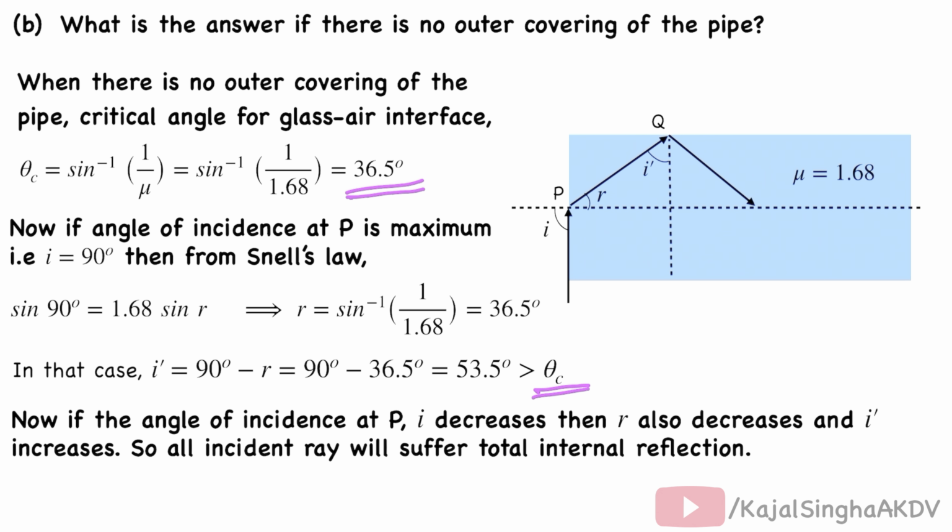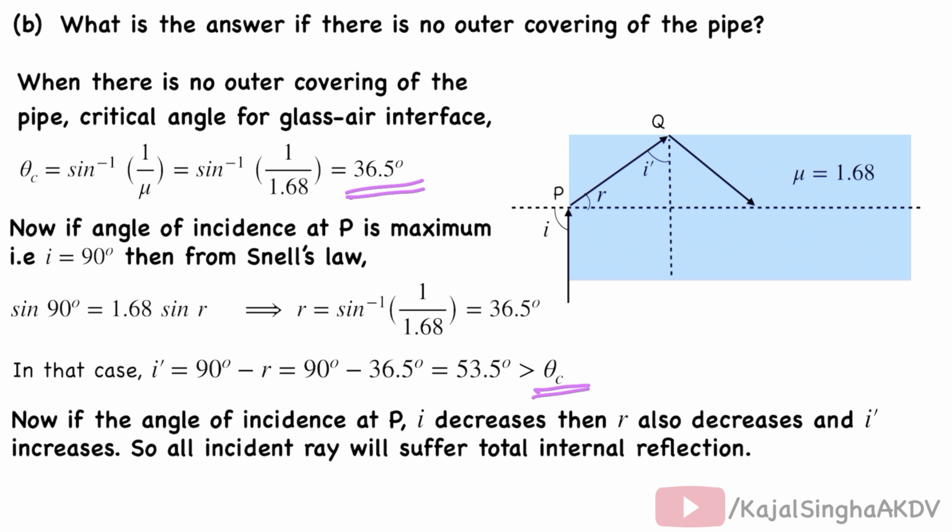Now, if the angle of incidence at P, i, decreases, then r also decreases and i dash increases. We have already taken that at point P, the light ray is incident at maximum angle, that is 90 degree. Now, if the angle of incidence decreases at P, the angle of refraction at P, that is r, will also decrease.